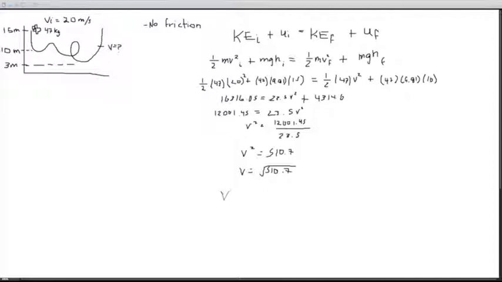So your final velocity at 10 meters height is going to be 22.59 meters per second. That is going to be your answer. Thank you very much for your attention.